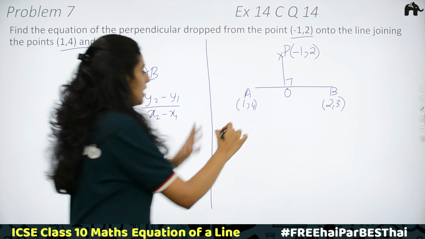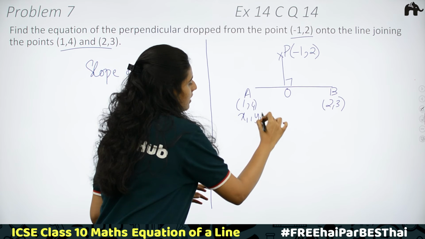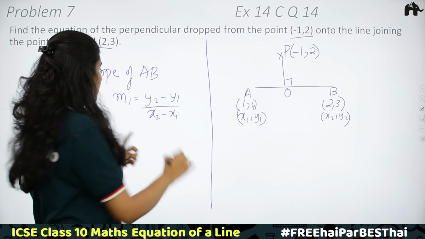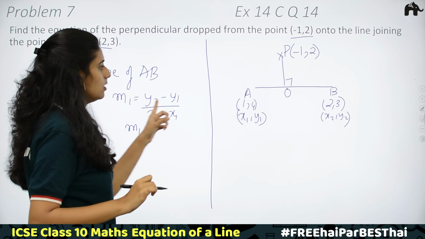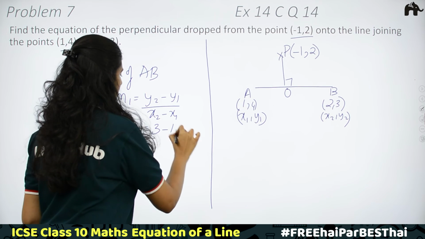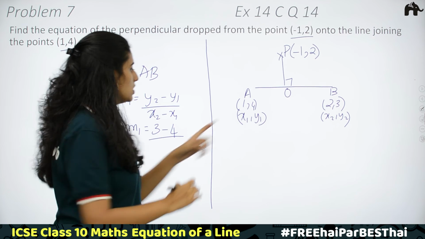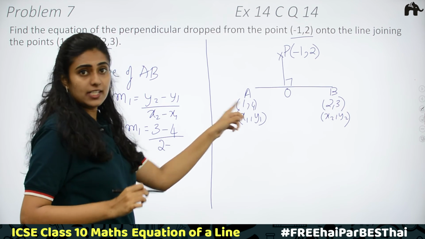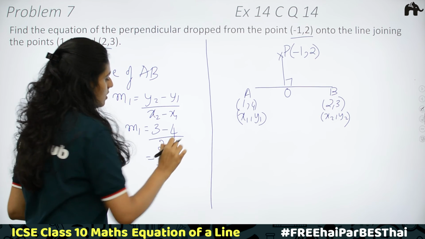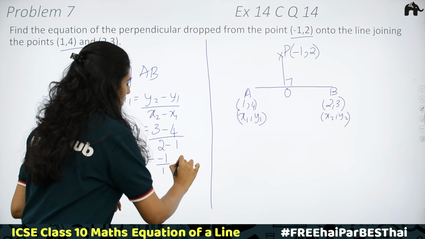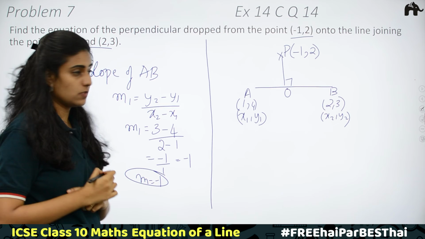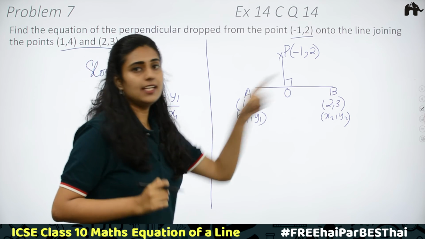Here I am taking this as x1, y1 and this as x2, y2. m1 is equal to 3 minus 4 divided by 2 minus 1. 3 minus 4 is minus 1 and 2 minus 1 is plus 1. Therefore, m1 is equal to minus 1. Slope of this line AB is minus 1.